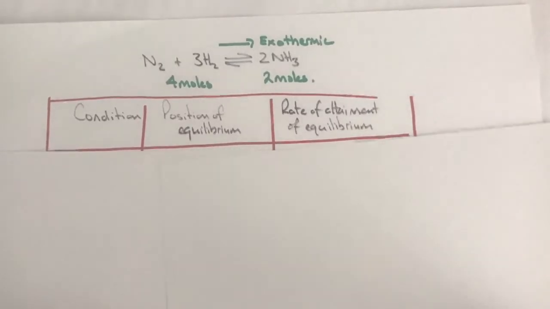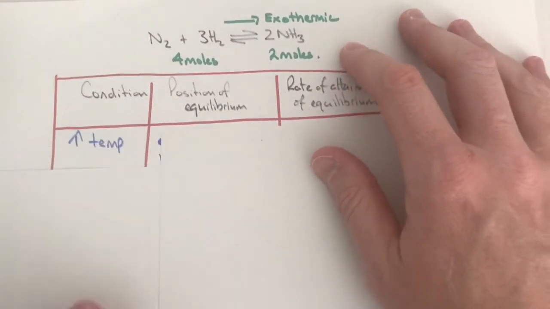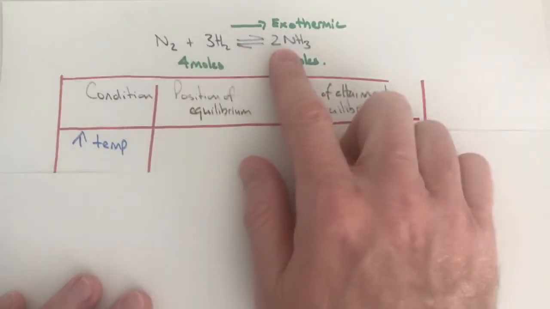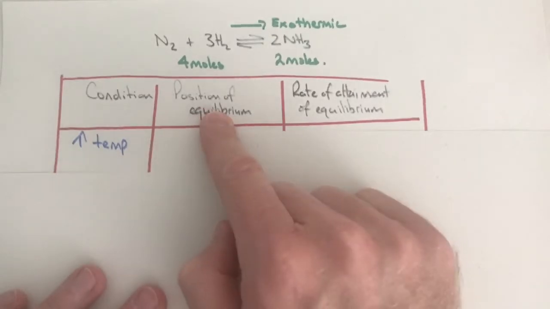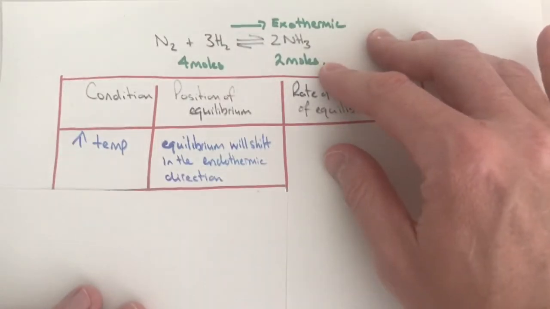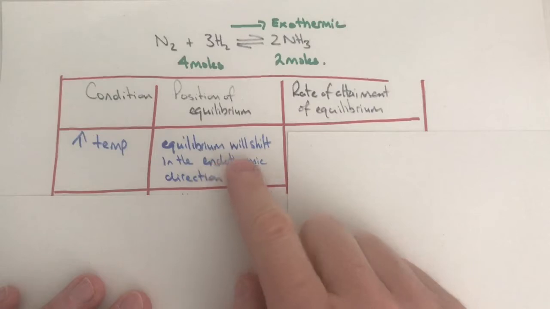I'm just going to use 2 sheets of paper to help me here. So the first one is we are going to look at increasing the temperature. If we've got this reaction at equilibrium and we increase the temperature, what happens to the position of the equilibrium? Well, the reaction is going to try and lower the temperature. And in order to lower the temperature, the equilibrium is going to shift in the endothermic direction.